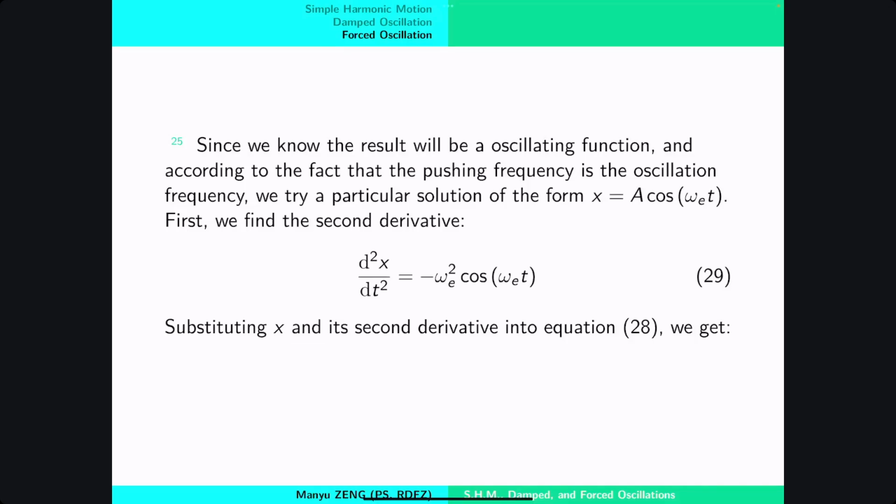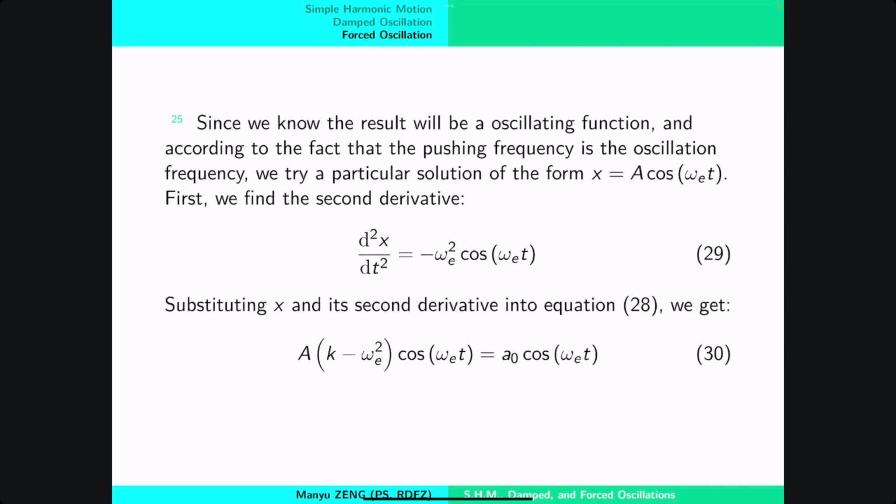We can substitute x and its second derivative into equation 28, and we get this. I extract the amplitude and cosine out, and in the bracket there is k minus omega e squared.